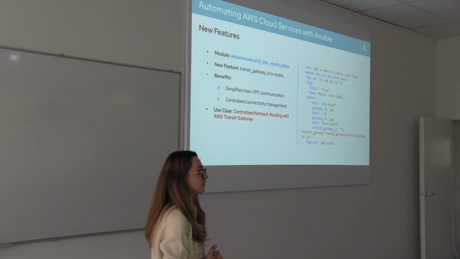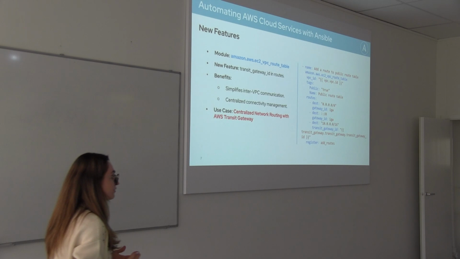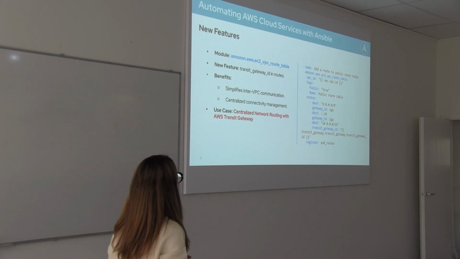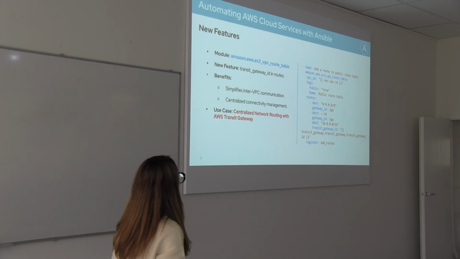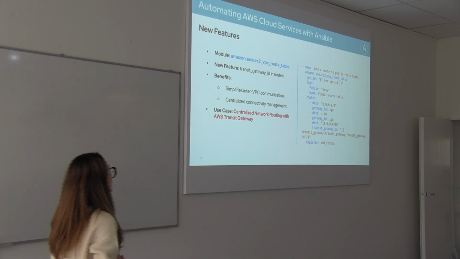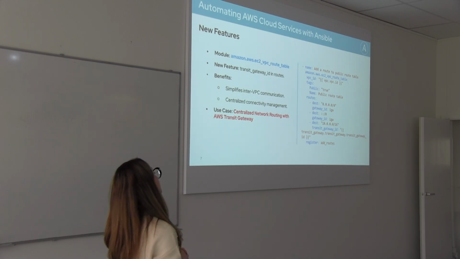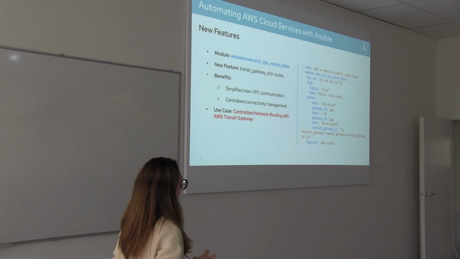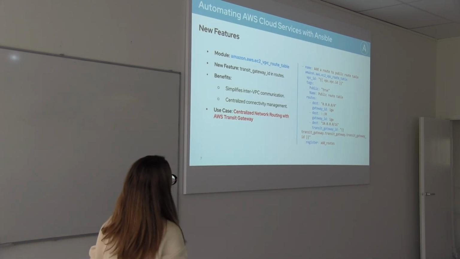This option is particularly useful for scenarios where you may want to set up centralized networking through an AWS transit gateway. This makes easier the management of the networking infrastructure and the scaling of the whole VPC networking infrastructure. Over there, I also included an example.